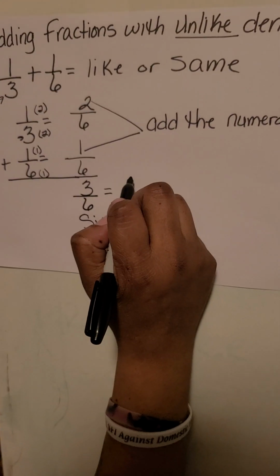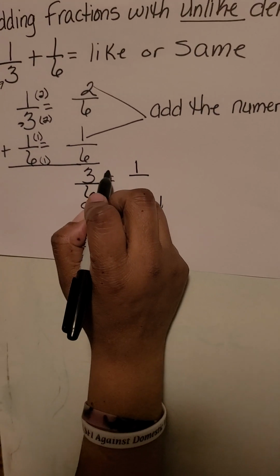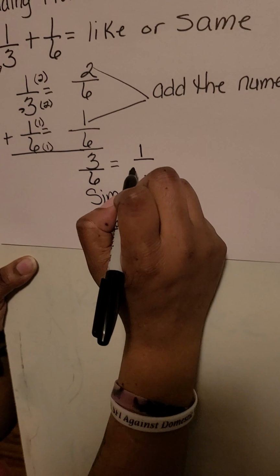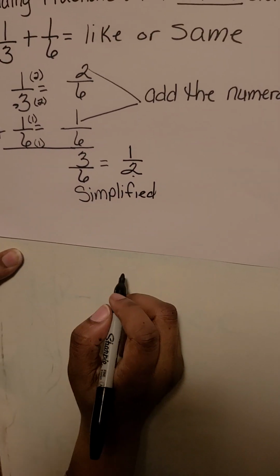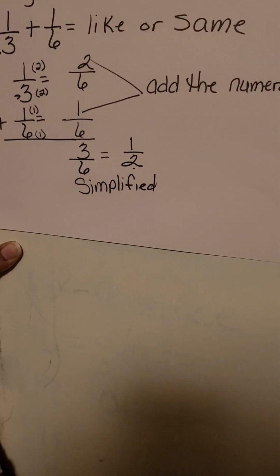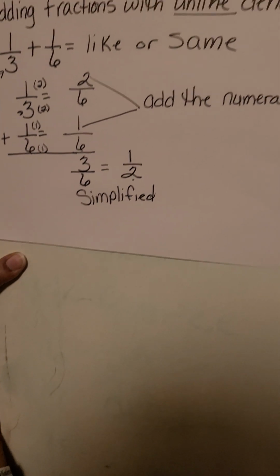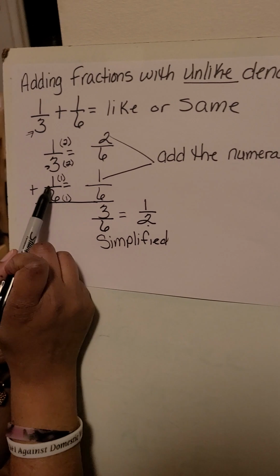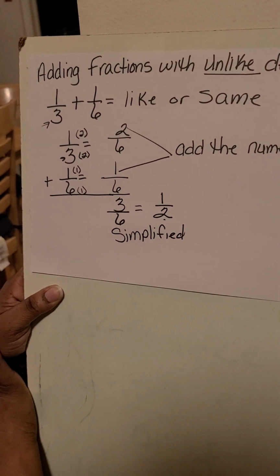How many times? 1. How many times can 3 go into 6? 3 times 2 is 6. 3 goes into 6 2 times. Our simplified fraction, or our answer, is now 1/2. So 1/3 plus 1/6 equals 1/2.